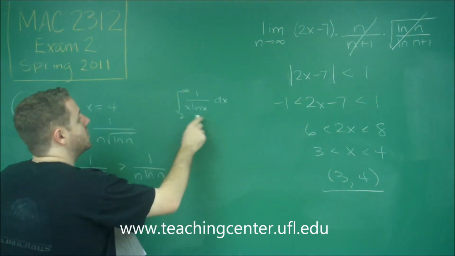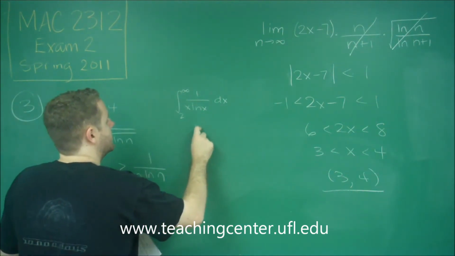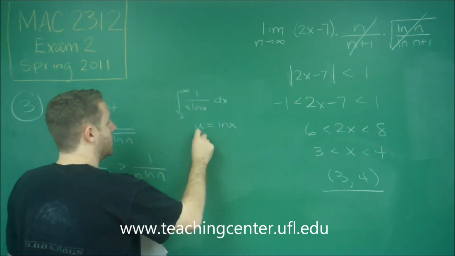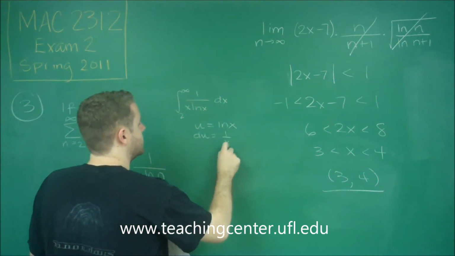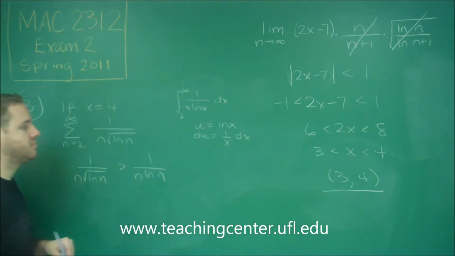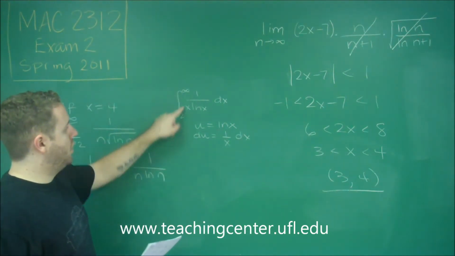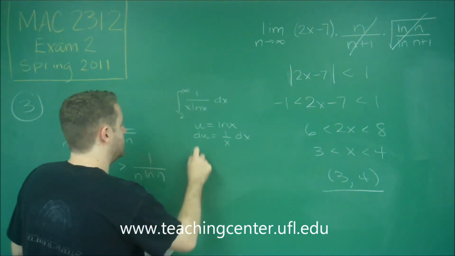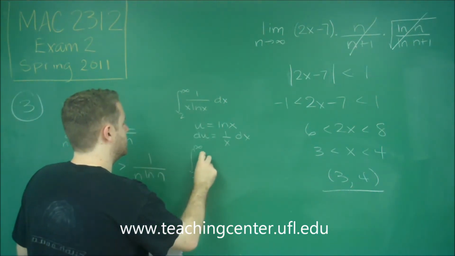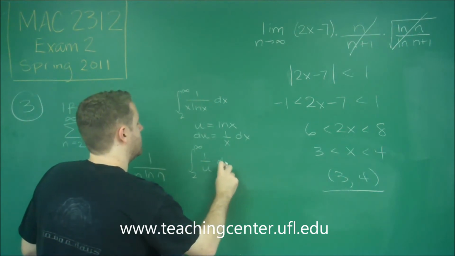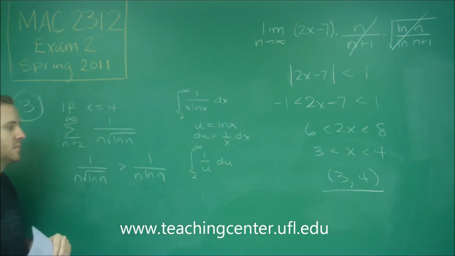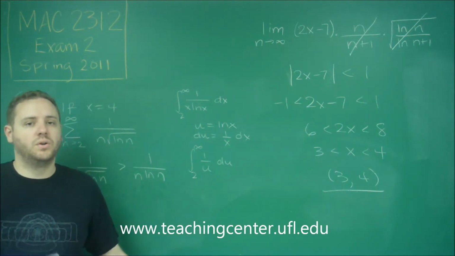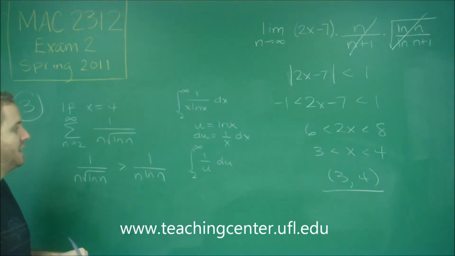When we take the integral of this, we're going to say u equals ln x for substitution. Therefore, du equals 1 over x dx. You can see that 1 over x dx is in the function. So after doing substitution, this just becomes 1 over u du. The antiderivative of 1 over u is simply ln u.